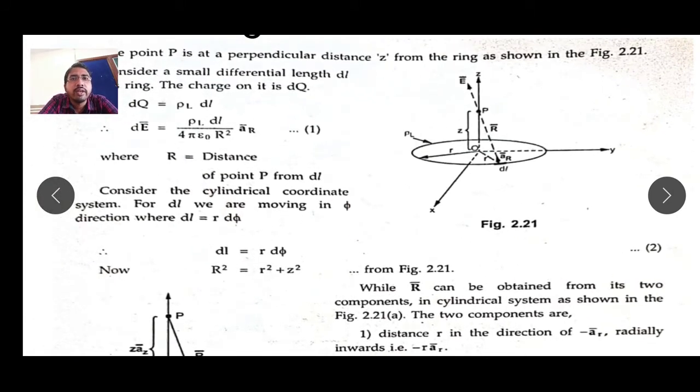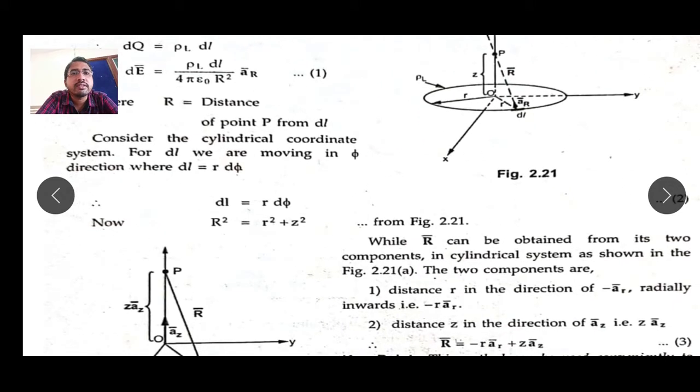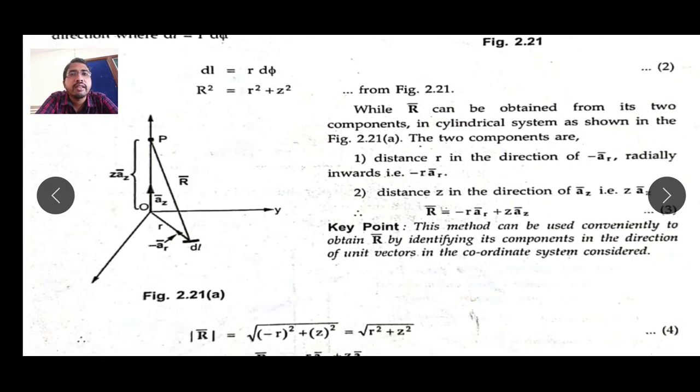So we know the general electric field intensity formula is q by 4 pi epsilon naught r square a r bar. In place of q we are using line charge. A line charge is distributed along this circle, so rho l dl. So I am substituting this. These are the differential lengths in cylindrical coordinate systems. So from this I will decide the r bar.